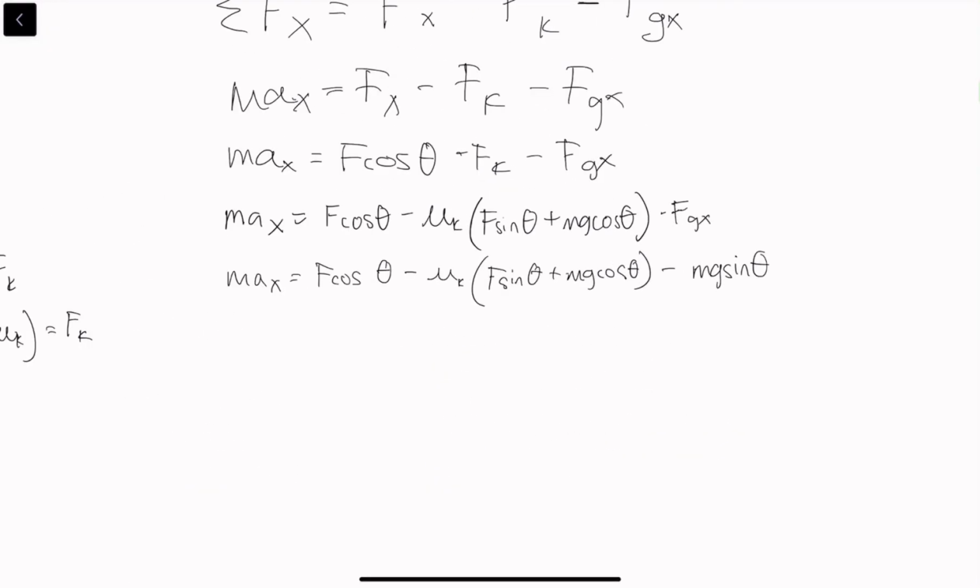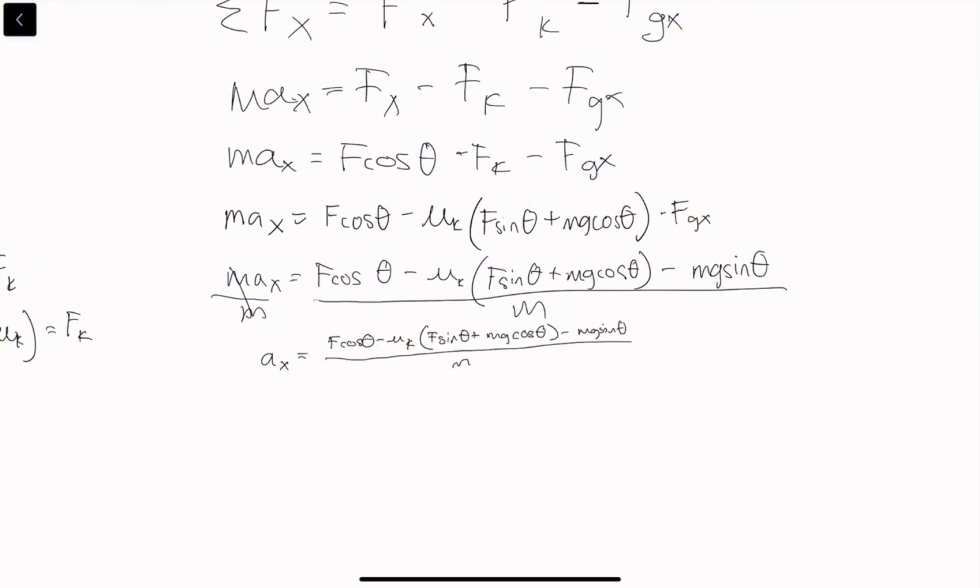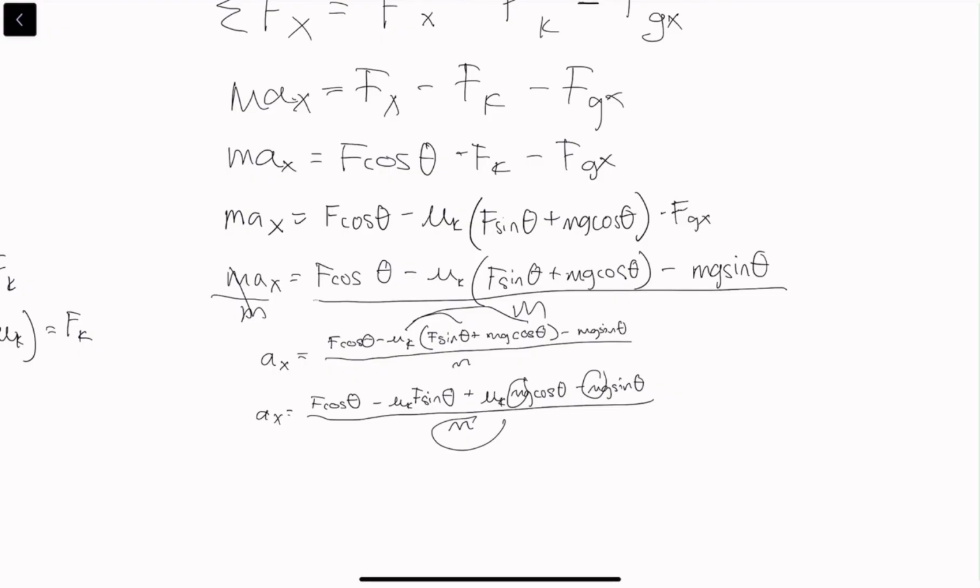Okay, so this is our final equation for mass times acceleration, but again, we're asked to solve for a, so let's divide both sides by mass so that we can cancel these out. And then we can distribute these. What we want to do is actually split these into different fractions because we see mass in these two terms and mass on the denominator.